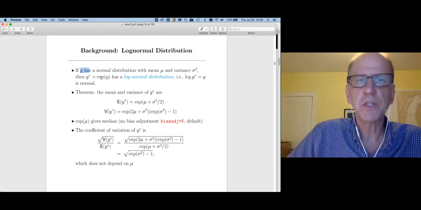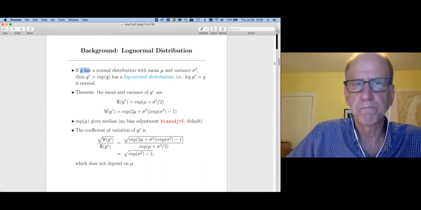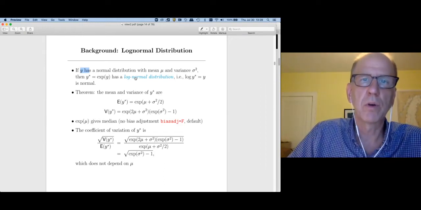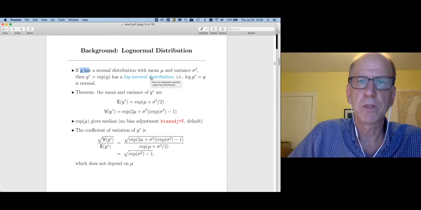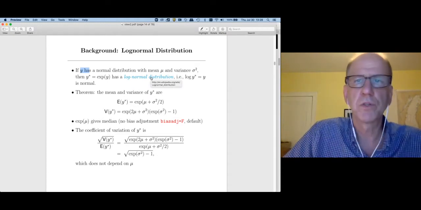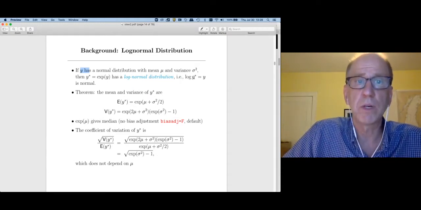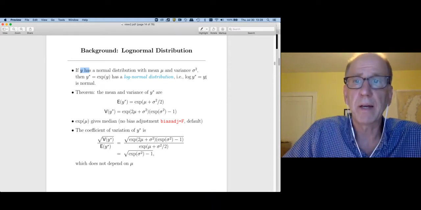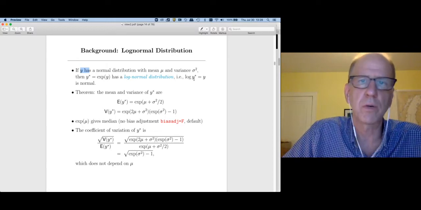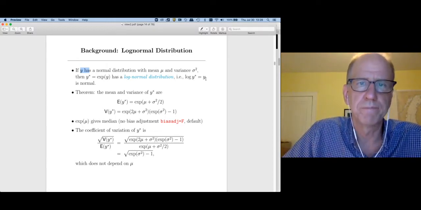If you exponentiate y, you get what's called a log normal distribution. It's called a log normal distribution because if you take the log of this y star, you get y back, which is normal. So the log of a log normal is just a normal.